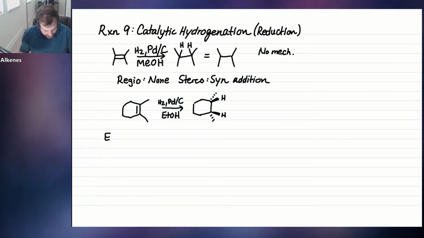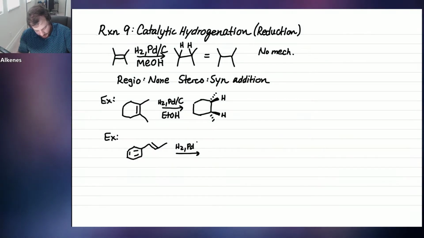Take a look at another reaction. How about if we had this guy? And treat that with H2, palladium on carbon. The product is that. So the reaction deletes alkenes.